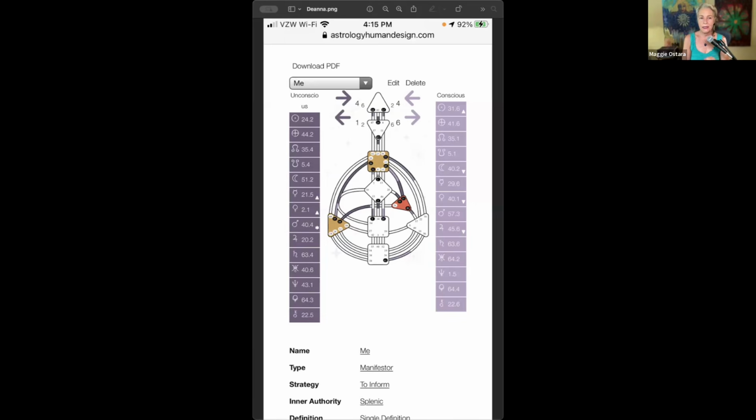So let me talk about the basics for a second, because there have been some questions about burnout, and I know it's an issue for a lot of people. Part of it is living off your design, which can lead you into burnout. And anybody can burn out. A manifesting generator can burn out, generators can burn out, doesn't matter.